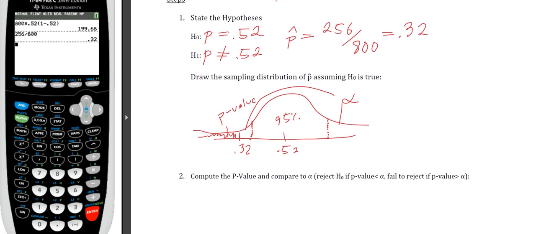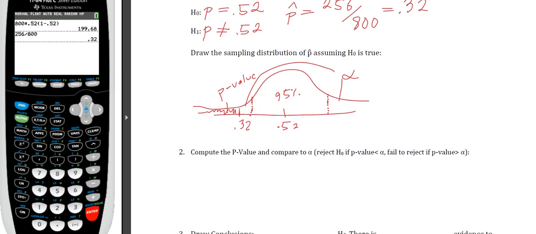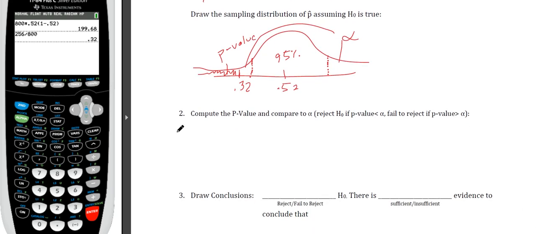Okay. So a little more in depth than I did before. With the information provided, we should be able to run a one-prop z-test yet again. If you did do this on your own, please make sure that you always write down the program. The first value, p sub 0, is 0.52, the original proportion. x was 256 out of the total of 800.